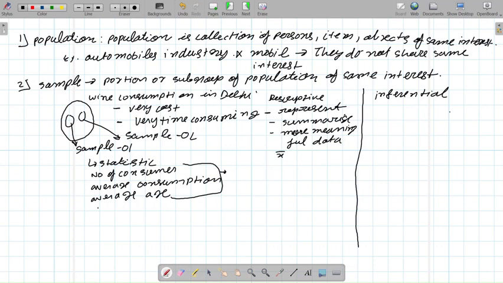We can take the mean, through which we can know the average consumption, or we can take the median, mode, standard deviation. And descriptive measures deal with the samples.